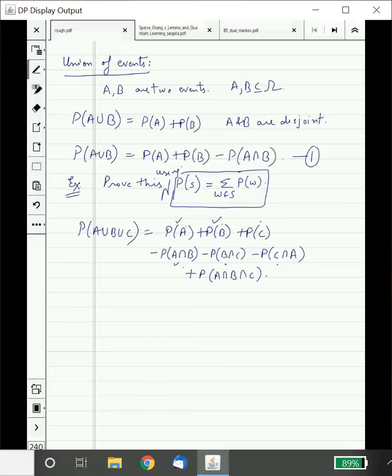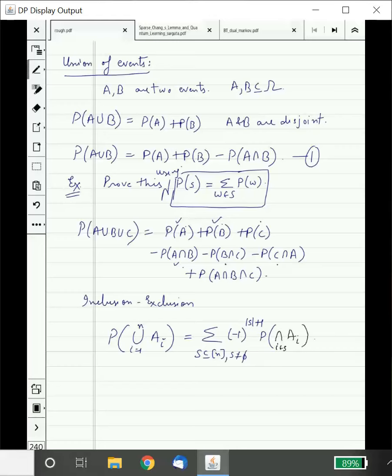This actually gives rise to a formula which you know as inclusion exclusion. The formula says that probability of union of some events, you take summation over all possible sets and calculate the probability of each of these intersections.